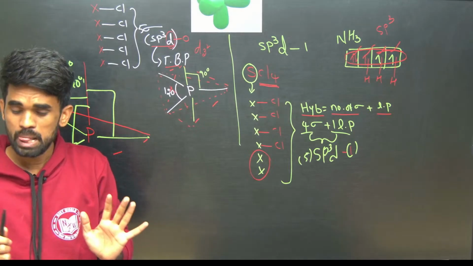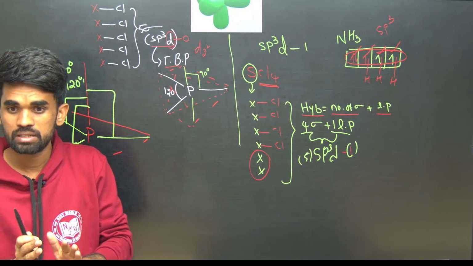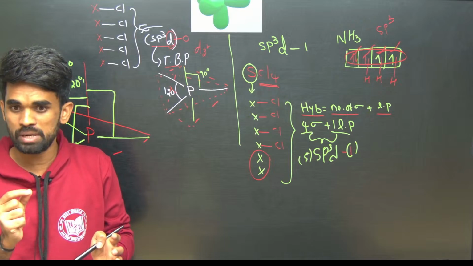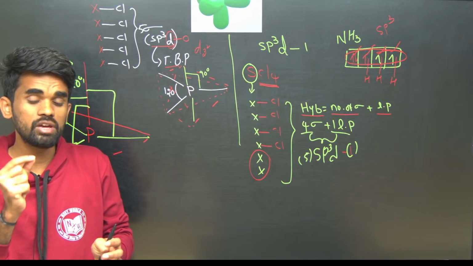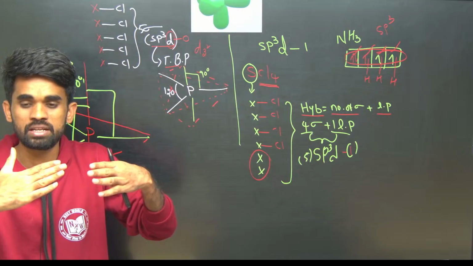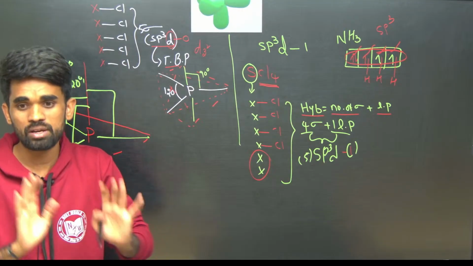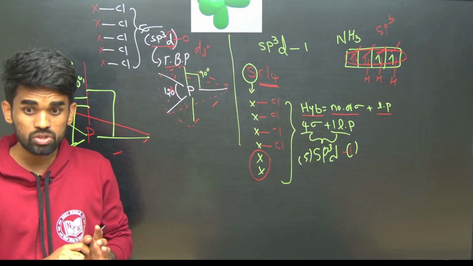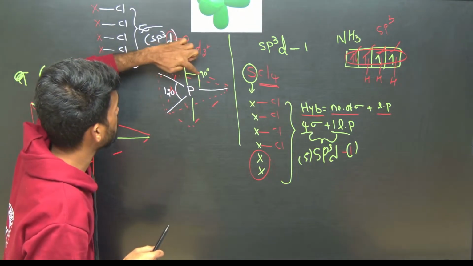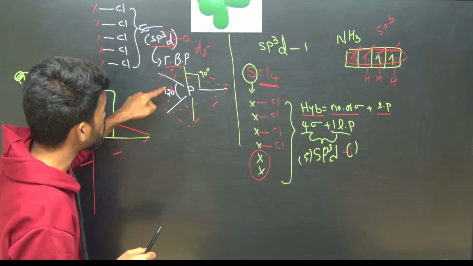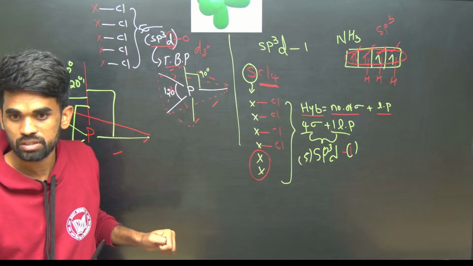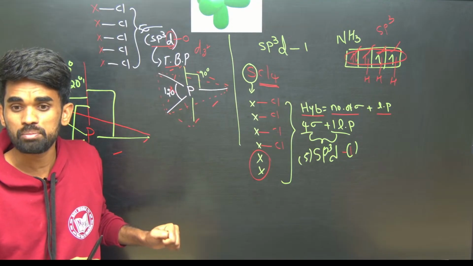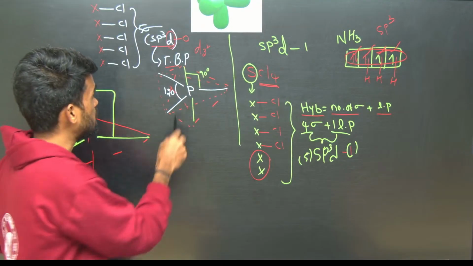So very simple. Where do we have minimum repulsions? Lone pairs suffer more repulsion, we know that. If you place them with maximum separation, then they will have minimum repulsion. So where do we need to place them? See, here we have 90 degrees, here we have 120 degrees. Where is the maximum angle separation? So the lone pair should be kept in these white lines, which are equatorial.